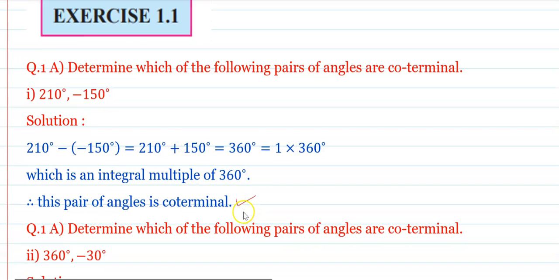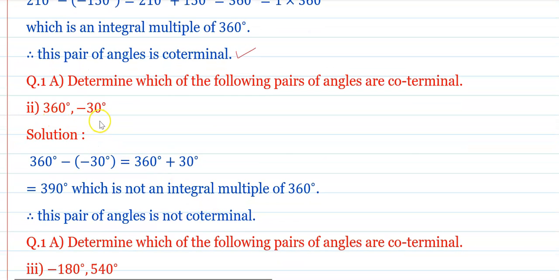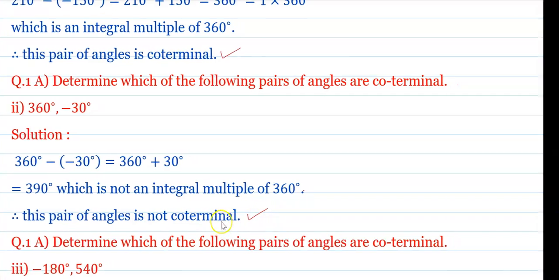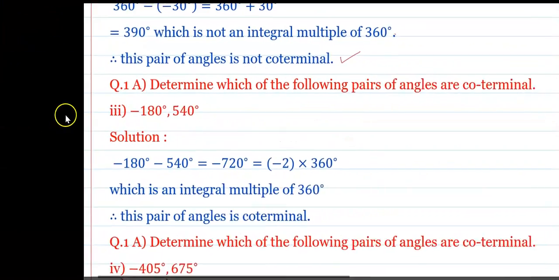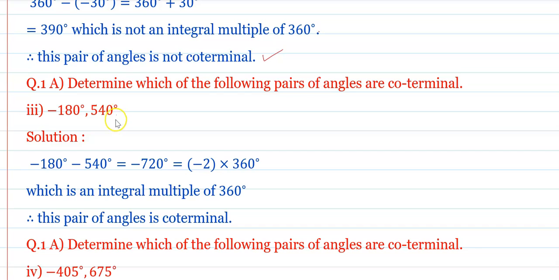Okay. Now the next, 360 minus in bracket minus 30. Then you will get 390, which is not an integral multiple of 360, and hence the pair of angles is not coterminal.